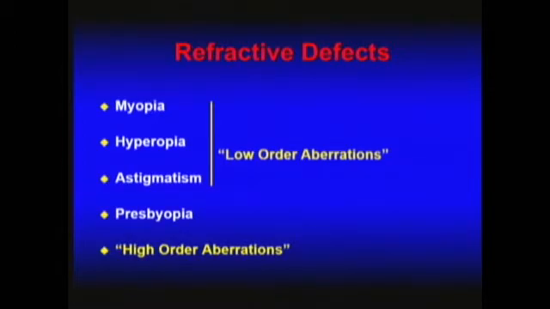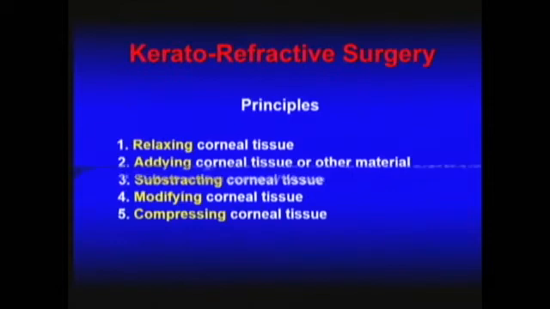Until just a few years ago, we discovered the high-order aberrations, and there are about 30 or more other refractive defects inside the eye that were not detected in the past.